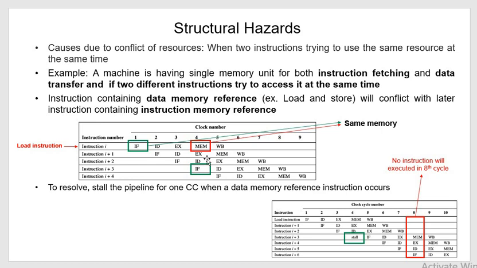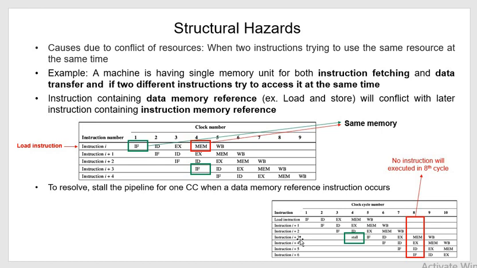So what is the solution of this? How can we resolve it? To resolve this structural hazard, we will have to introduce a stall in the pipeline of one clock cycle. This one clock cycle stall is just a delay, during which the data path responsible for fetching the opcode for the I+3 instruction will not do anything.